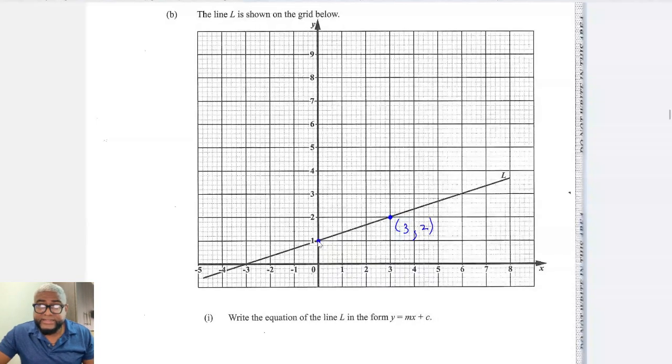What is this coordinate here? Please do not make that mistake, even when you reach the point before the y-intercept. You could go to the x-intercept, which is negative 3, comma 0. Any two coordinates we go with, you will get the same equation.